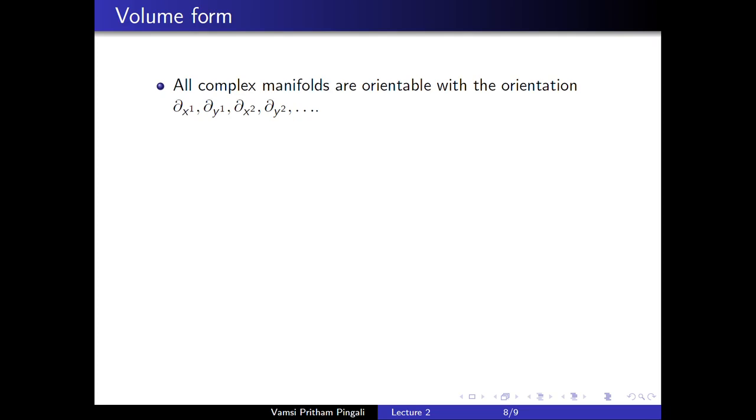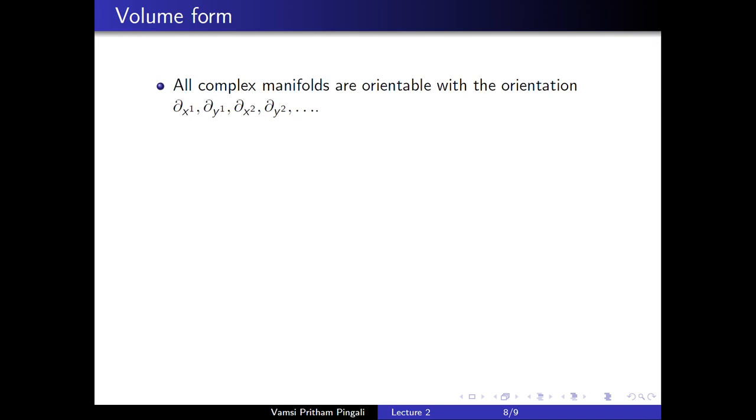Well, it simply means that at every tangent space you have an oriented basis. What is an orientation on a vector space? It's an equivalence class of ordered bases, two bases are supposed to represent the same orientation if the determinant of the change of basis matrix is positive.